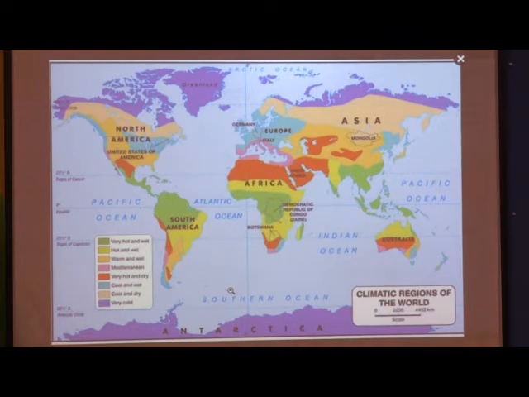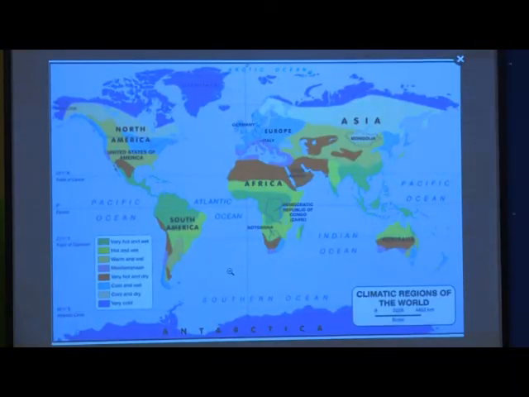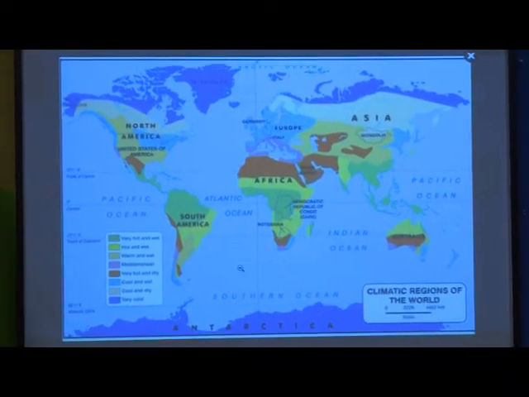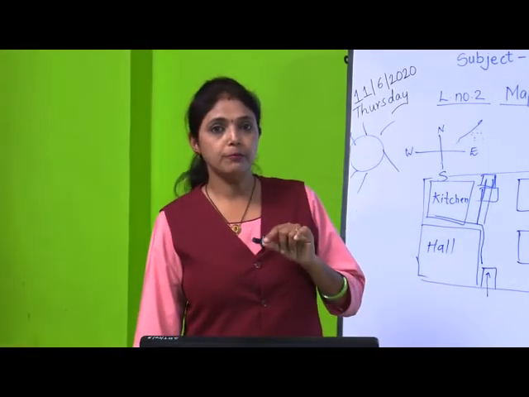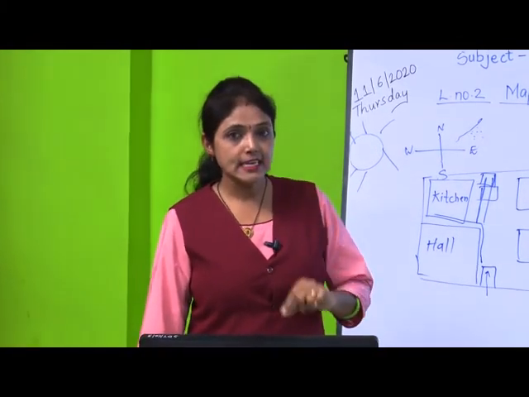And the light blue shows that the water is shallow. Shallow means not very deep. So light blue shows the water is shallow, and deep blue shows the water body is deep.